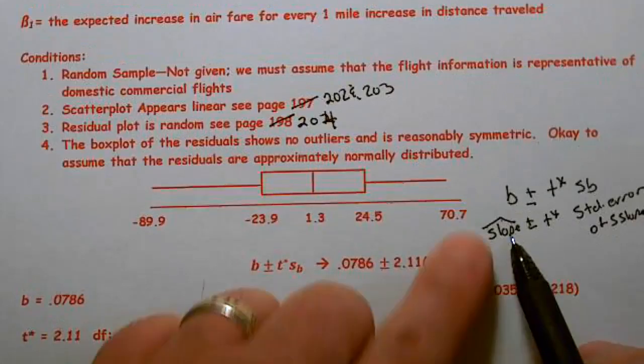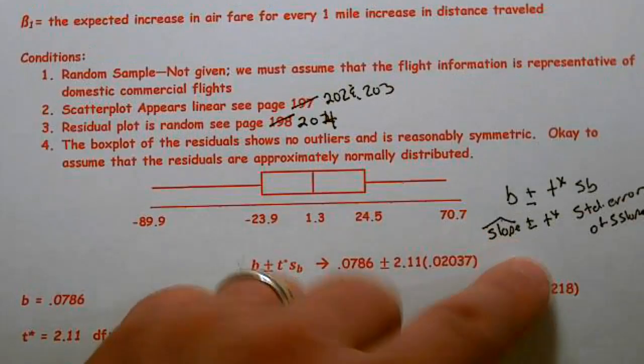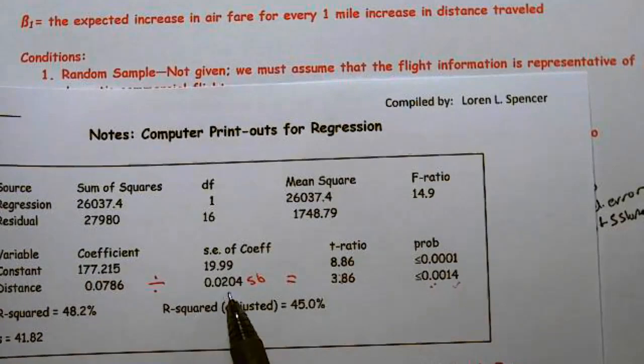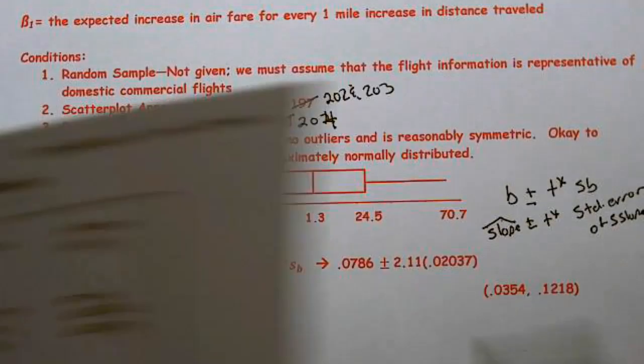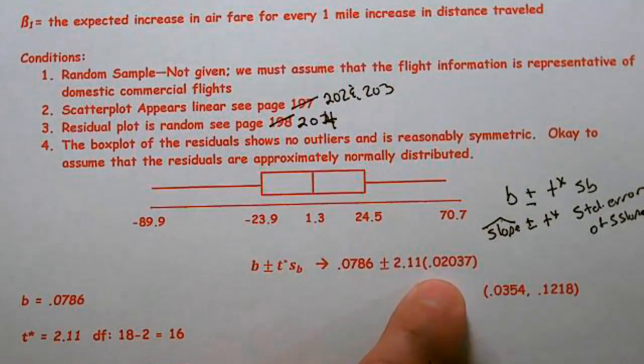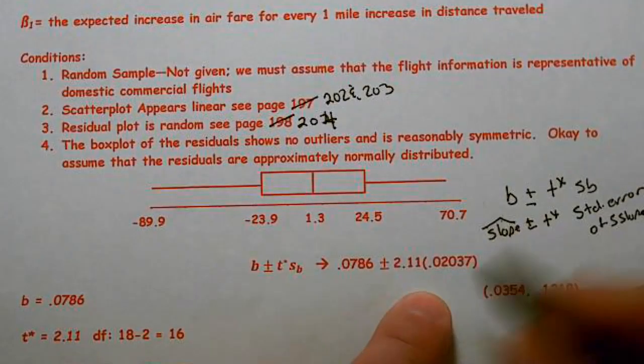So we have 0.0786. Once again, s_b comes from right there, 0.0204. I wrote 0.02037, but really 0.0204.